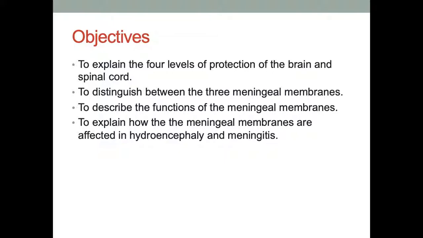Number two, we wanted to distinguish between the three meningeal membranes, and we talked about each layer, the outer dura mater, the inner pia mater, and the medial arachnoid mater, and how those are built, what they do, how they look.